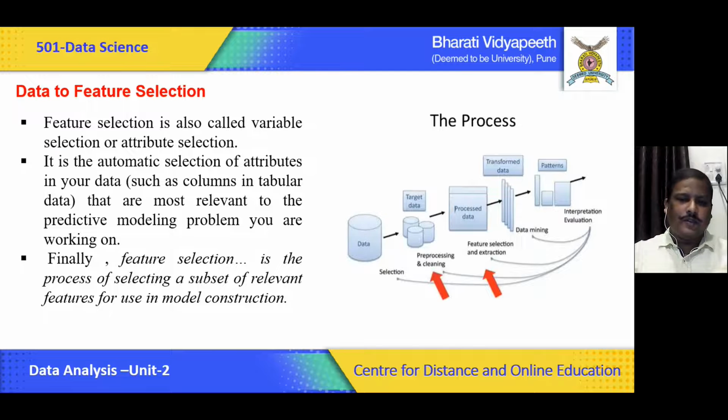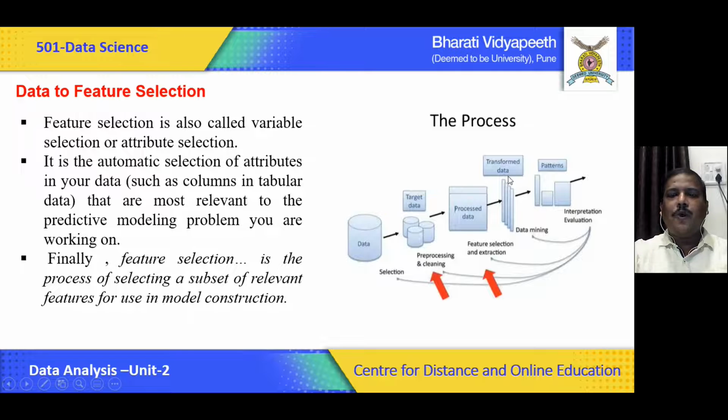Already we have covered this in the last lecture, right? In data transformation, we have pre-processing and data cleaning, right? After data cleaning or pre-processing, you might have seen the next process, that is feature selection and extraction. That's the part we have to cover in this session.